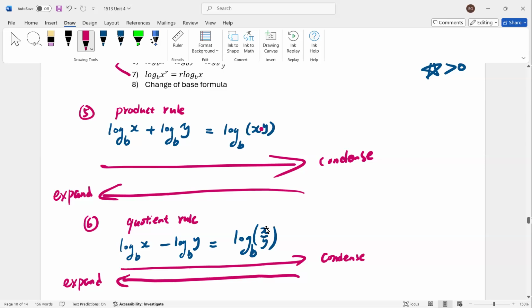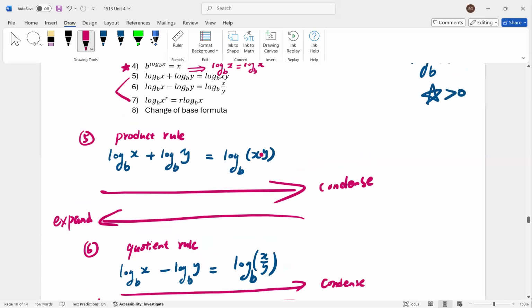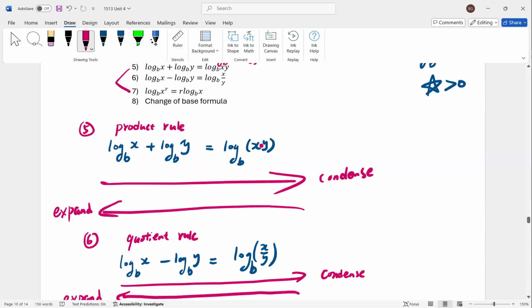If the argument has a quotient structure, like a numerator over a denominator, then we can expand that single log as a difference of two logs. The numerator goes as the argument of the first log. The denominator goes as the argument of the second log. Again, x and y have to be positive. Everything in the argument has to be positive, it cannot be zero either.